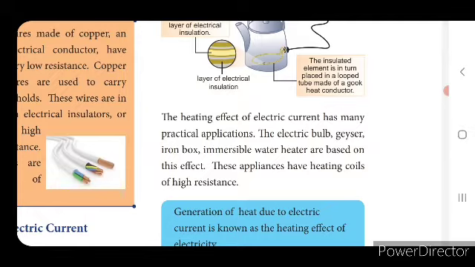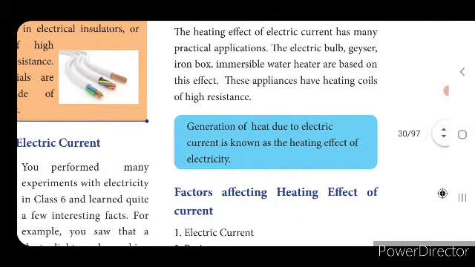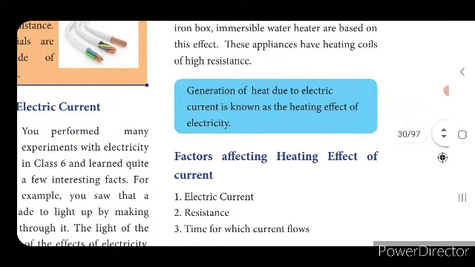These appliances have heating coils of high resistance. Generation of heat due to the passage of electric current, we call that the heating effect. This heating effect is applied in the water heater. Okay children, water heater, iron box, best example.